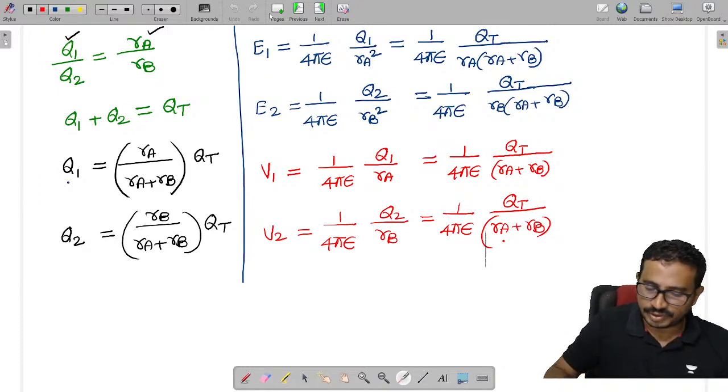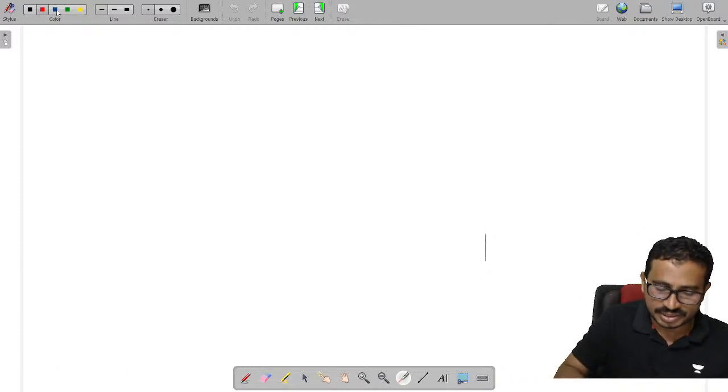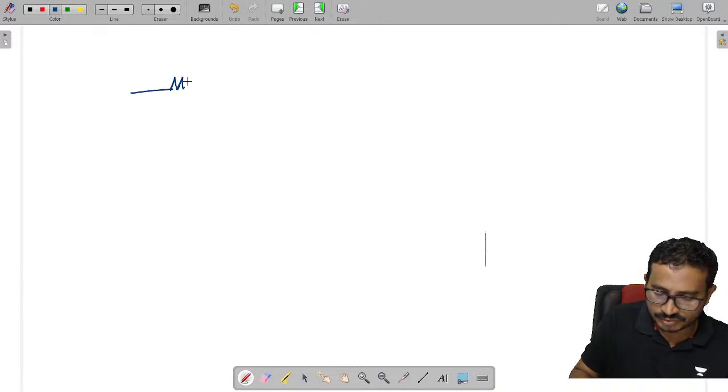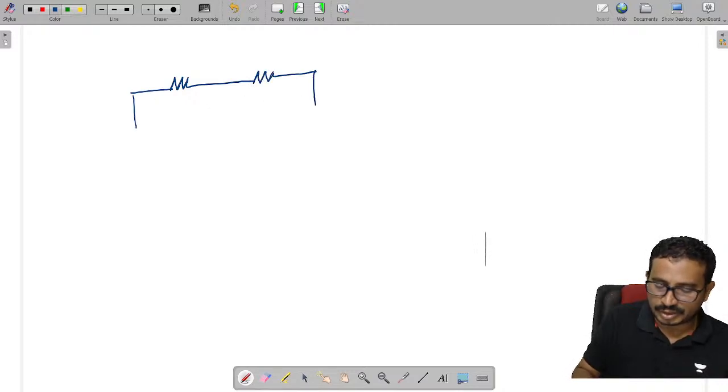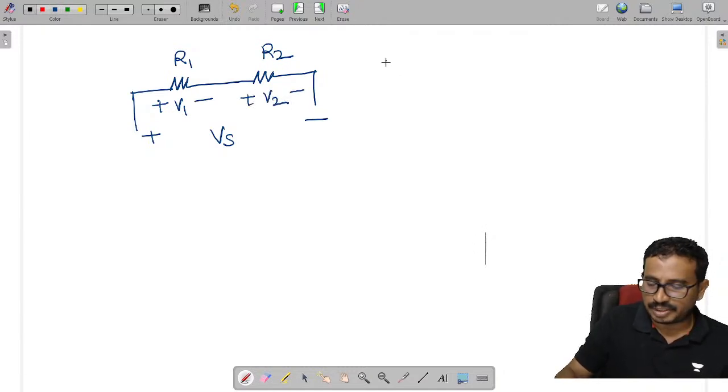So like that. Now, if we have resistors in a network, we write the voltage division. Let's call this resistor R1, this resistor R2, and the total supply voltage Vs, with this voltage V1 and this voltage V2.